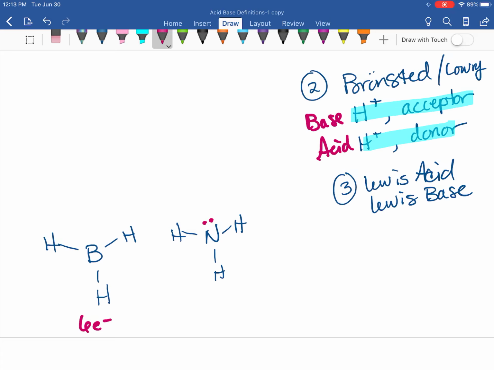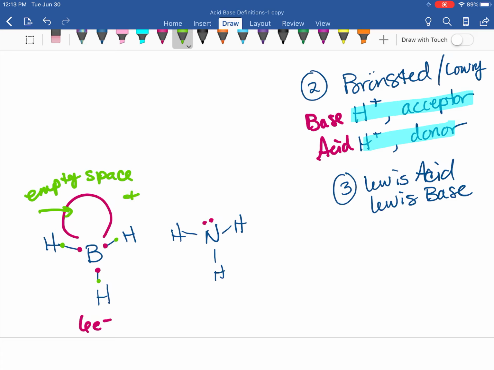Now you may not remember that. It's probably been a little while since you saw it. But what it means is basically boron has this empty space. It has an empty orbital, and it's only got 3 electrons around it, which means it can only really make and share with 3 other atoms, but you have this empty space.